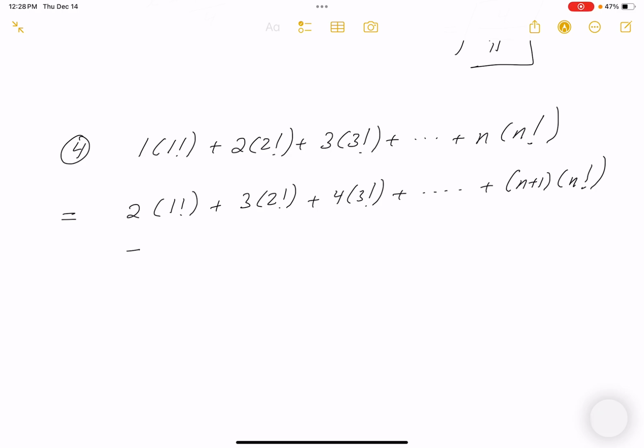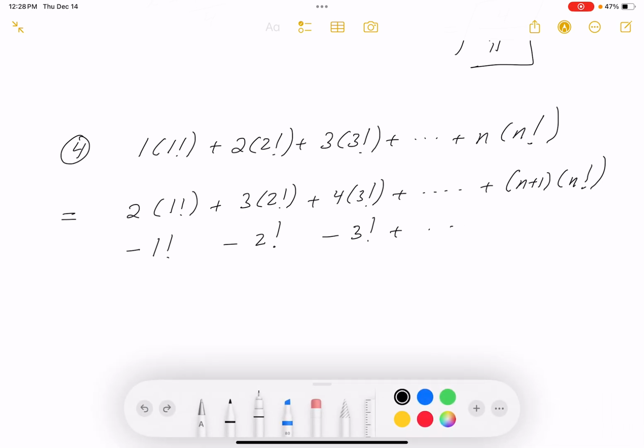So it's going to be minus 1 factorial, minus 2 factorial, minus 3 factorial, and then, last but not least, minus yada, yada, yada, minus n factorial.